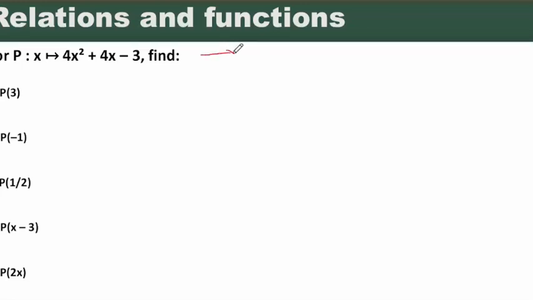First of all, I try to write it in simplest form, so p of x equals 4x squared plus 4x minus 3.